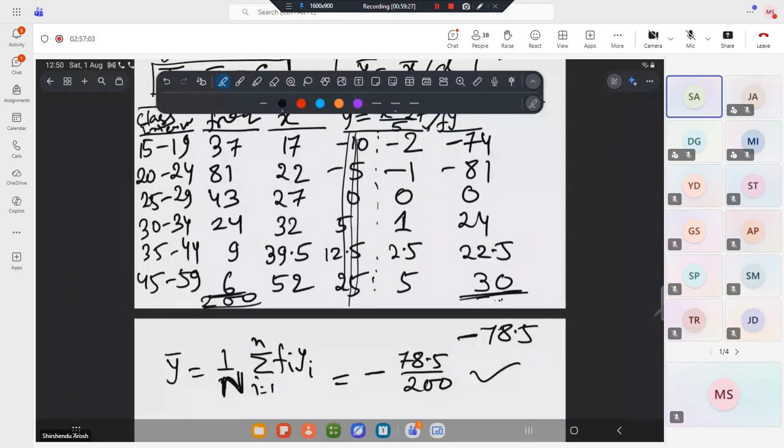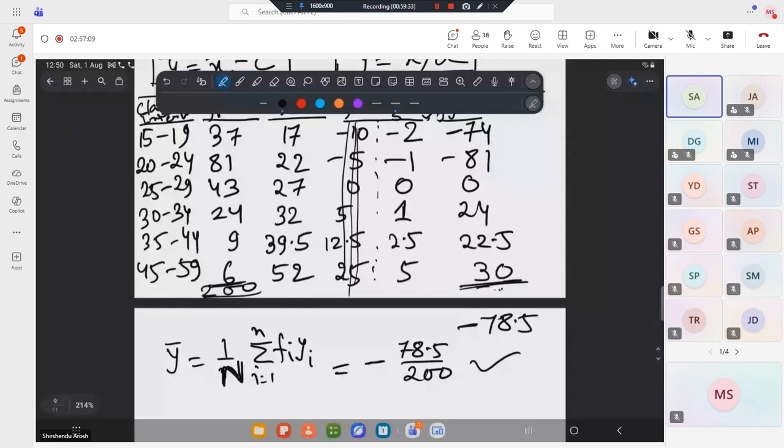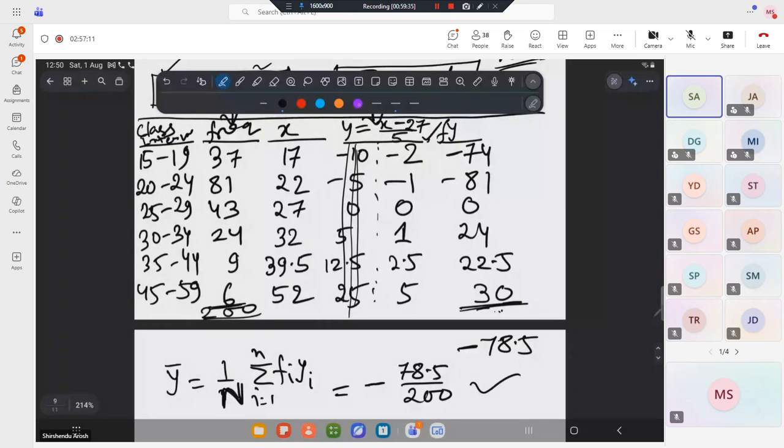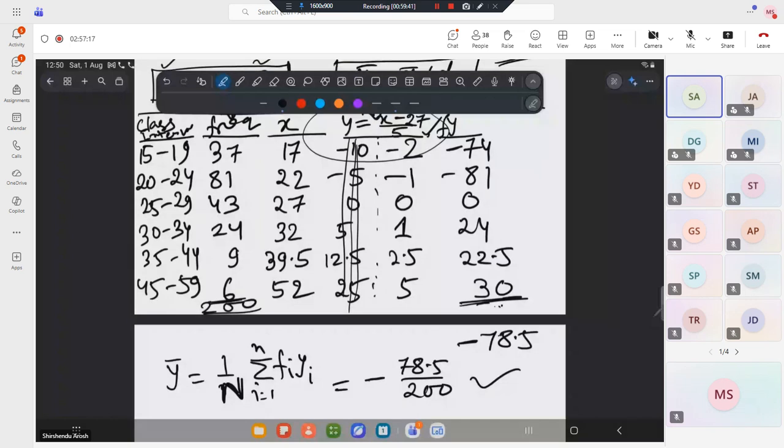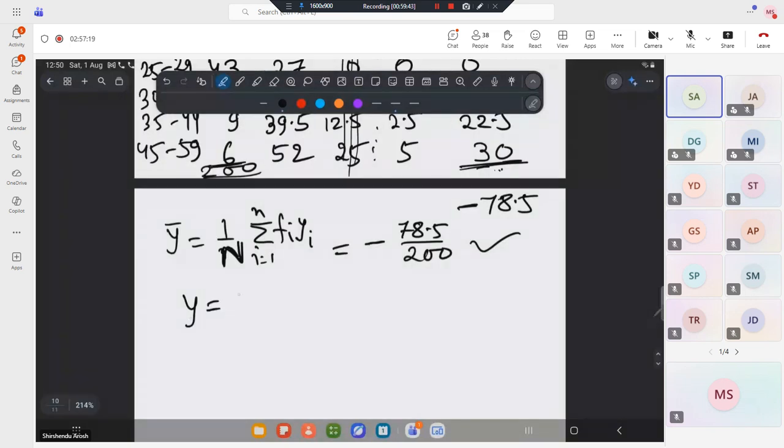Now I got the y bar, but the problem is not the y bar. I need to find the x bar, right? So what changes have I done here? I have set y is equal to x minus 27 by 5. So let's write that y is equal to x minus 27 by 5.